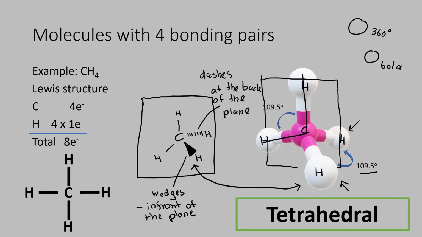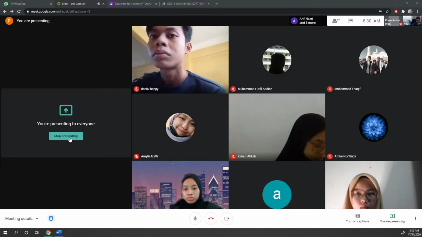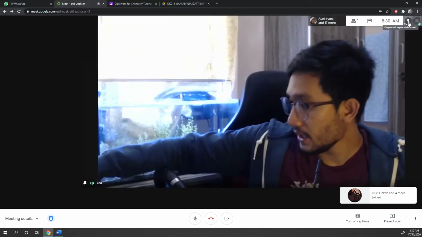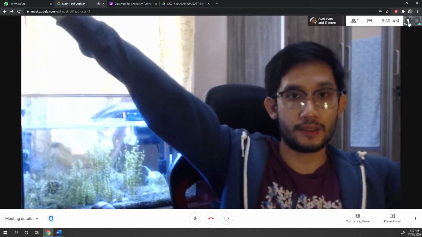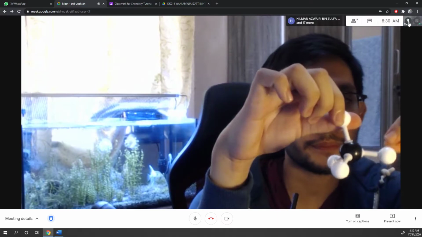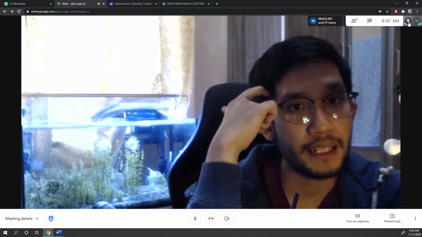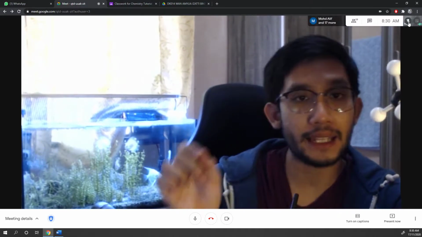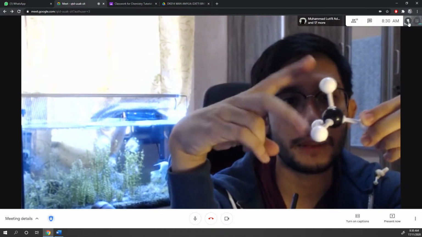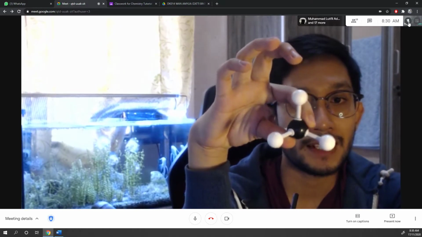Okay, boleh. So now I'm gonna show you my camera jap. So if you guys can see this, okay, this is tetrahedral yang you guys buat tu. So apa yang kita lukis tu is you pick any plane, you tak kisah, but it has to involve the central atom.